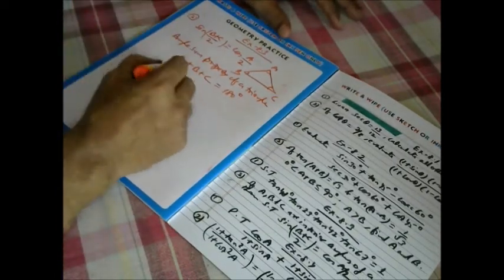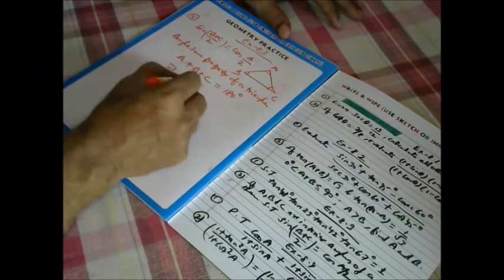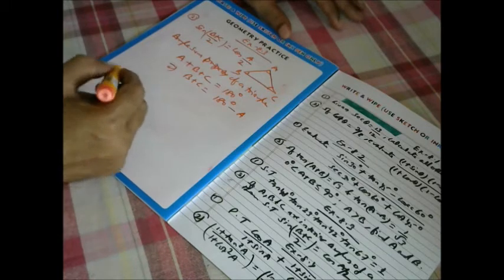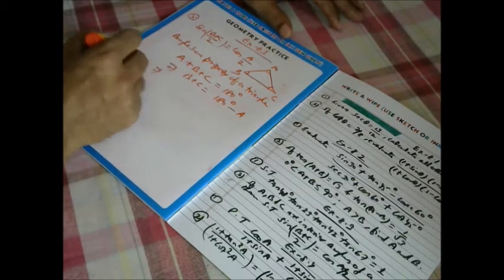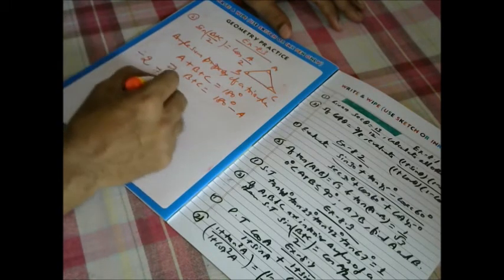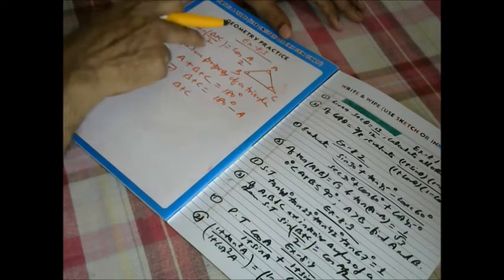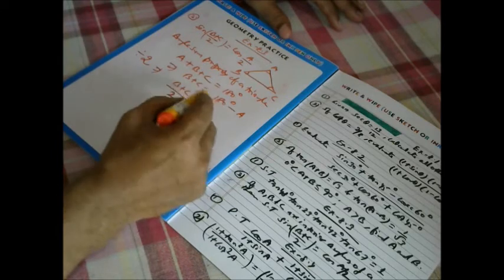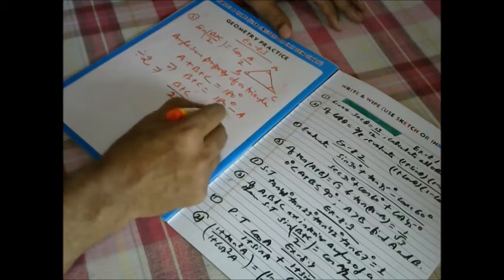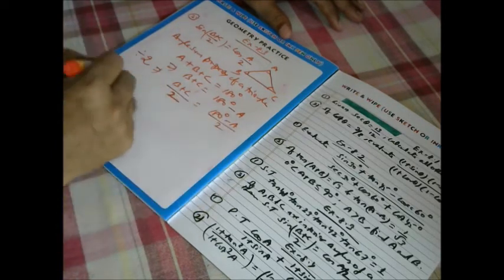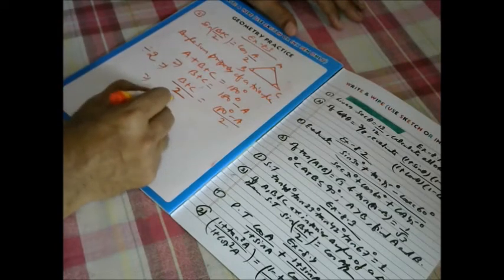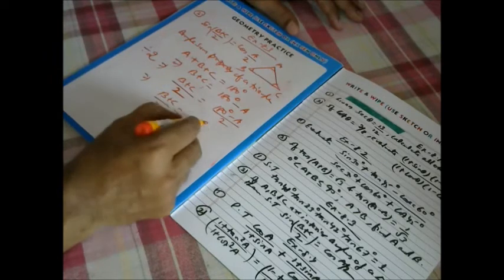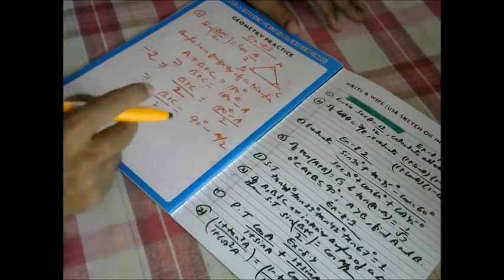From here we can write B plus C is equal to 180 degree minus A, then further dividing it by 2. Why? Because here B plus C by 2 is there, so both sides will be divided. Then B plus C by 2 is equal to 90 degree minus A by 2.